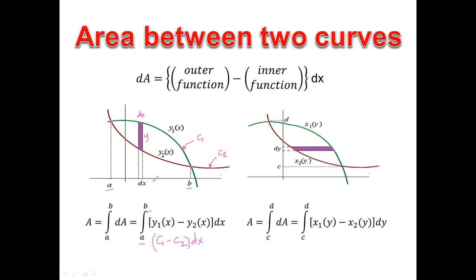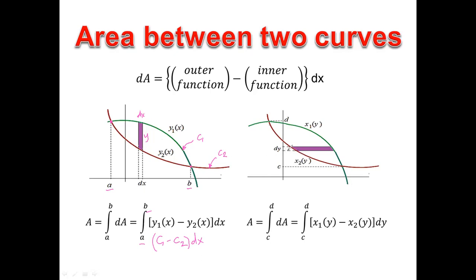That is if you use the differential element which is vertical. So you take the summative area of the vertical differential elements on this area enclosed by these two curves.